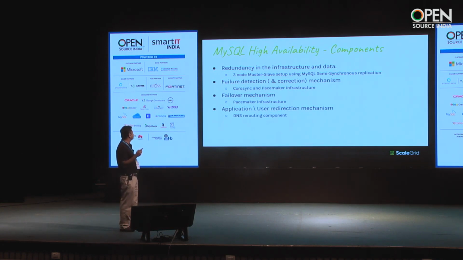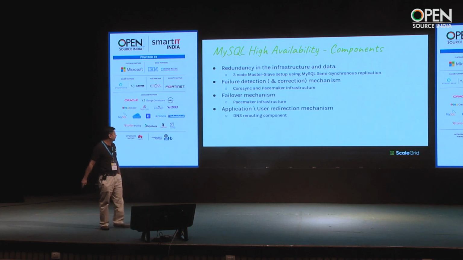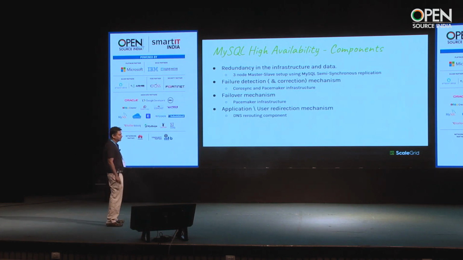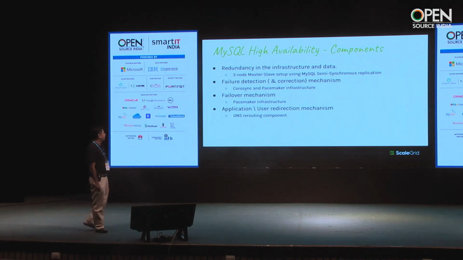So specifically with respect to MySQL high availability framework, how are these components implemented, right? So the redundancy in infrastructure and data: we will have a 3-node master slave setup, which is set up using MySQL semi-synchronous replication, of course. And I'm going to talk a little bit more on semi-synchronous replication a little bit later.